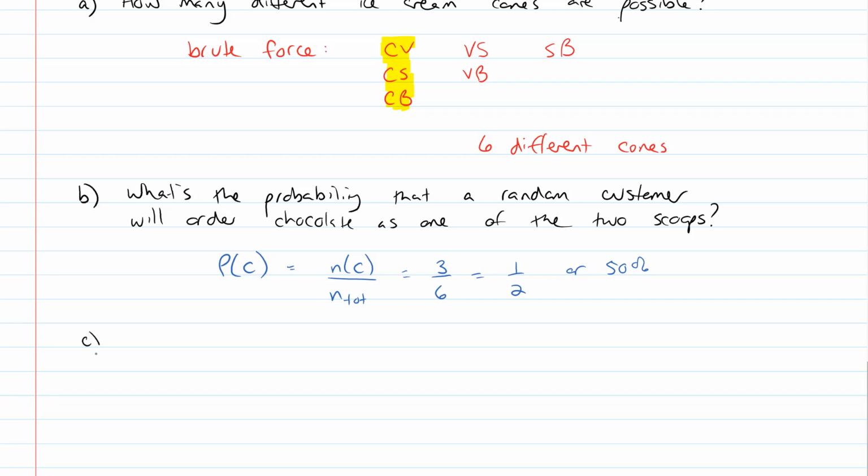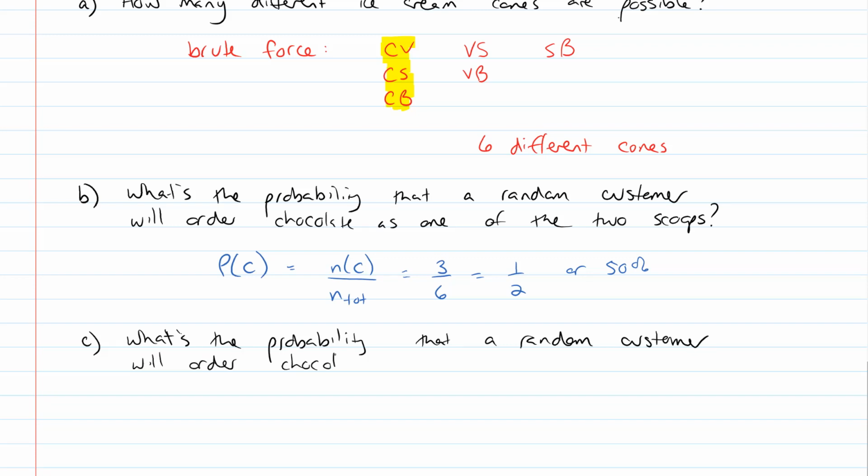Part C, what's the probability that a random customer will order chocolate and vanilla?